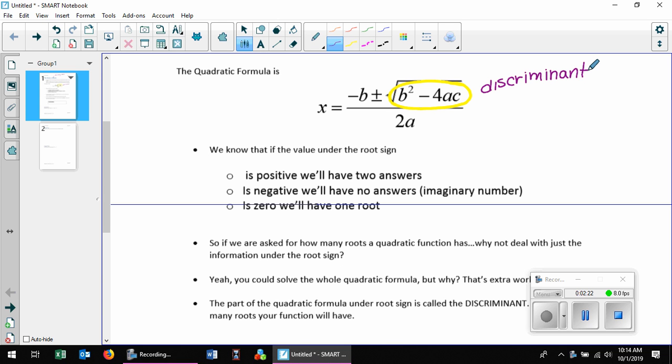This is going to help you figure out how many roots you have. So we know that if it's a 0, just like that one, we're going to have 1 root. If it's a positive number, it doesn't matter if it's root 5 or root 297, if it's a positive number, you're going to end up with 2 answers, 2 roots.